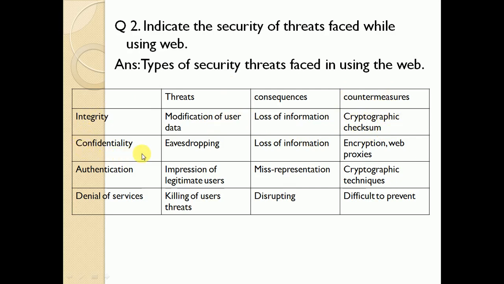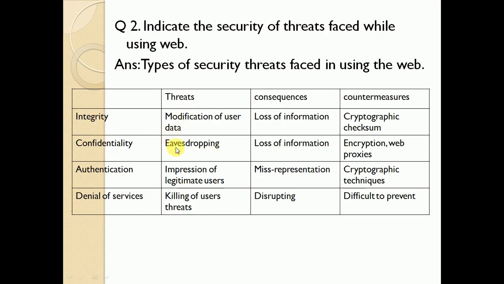So on confidentiality, what are you maintaining? The confidentiality of data. So only an authorized person can view the data. So at that time, which threat will occur? Eavesdropping. Eavesdropping on the net, theft of information from the server, or theft of data from the client, information about network configuration, or information about which client talks to the server.